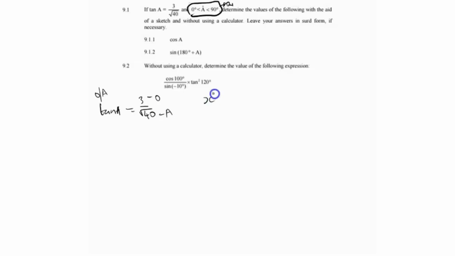It will be x squared plus y squared equals r squared. I'm just going to write TOP, but in an exam you need to write the full thing, theorem of Pythagoras. So it's 3 squared plus root of 40 squared equals r squared.